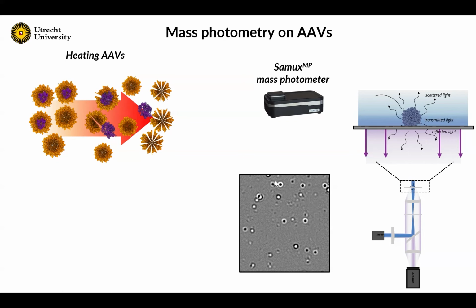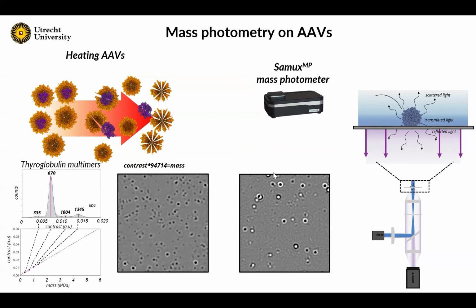So what you could do is create, for instance, a standard curve, a protein standard using thyroglobulin, which has several multimers: a monomer of 335 kilodalton, a dimer of 670 kilodalton, a trimer and tetramer. And you can measure the contrast values of these different multimers and create a standard curve like this.